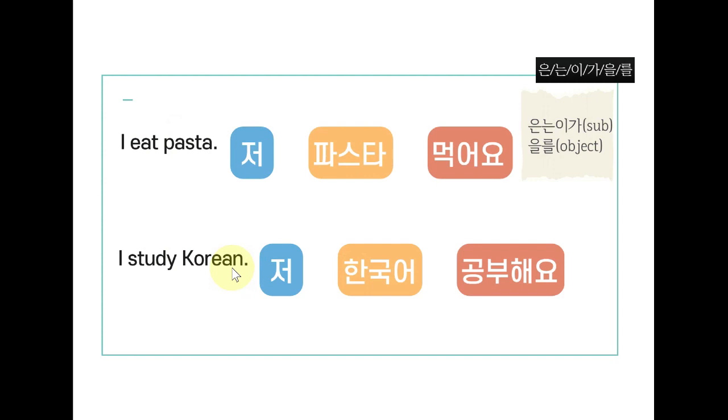So I should use subject particle for I and object particles for pasta and 한국어. Like 저는 파스타를 먹어요. And 저는 한국어를 공부해요. 저 becomes subject because of the subject marker. Pasta and 한국어, they become objects because of the object markers.